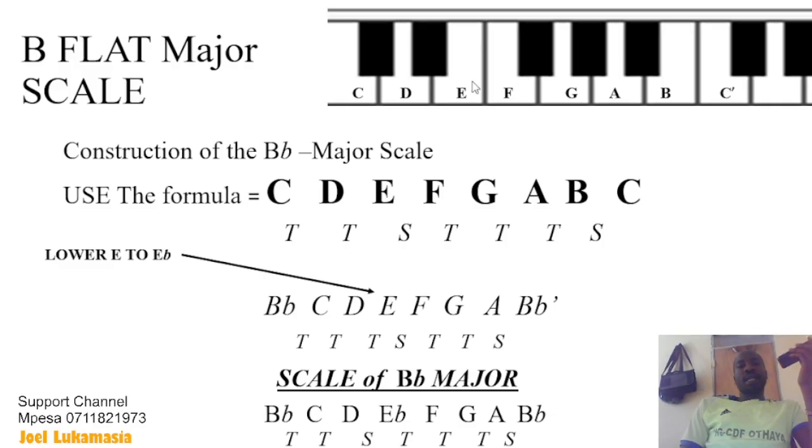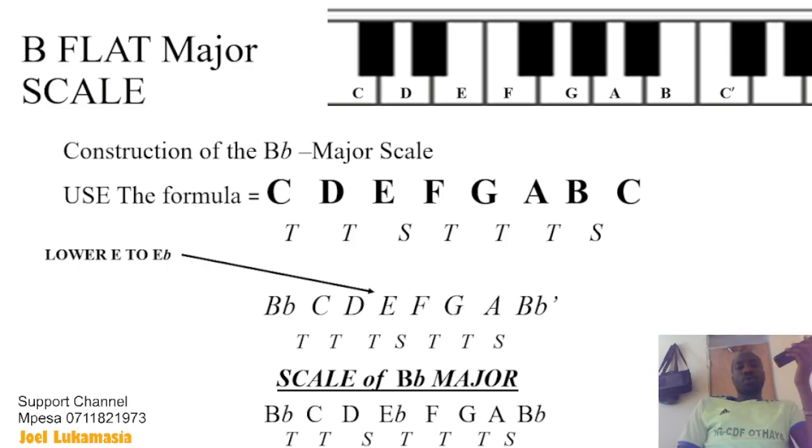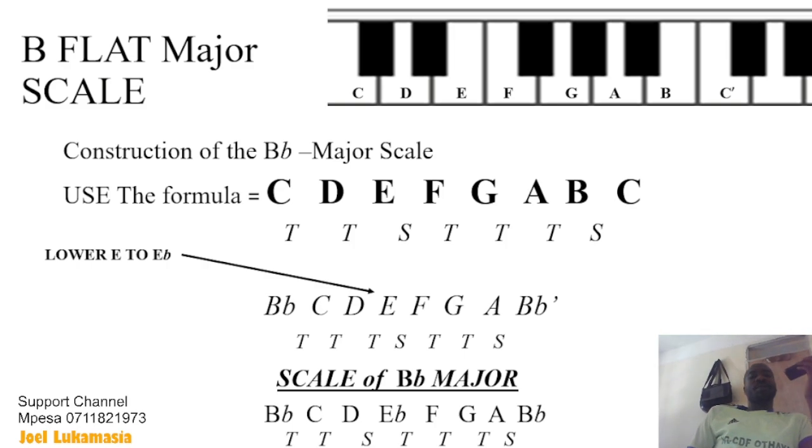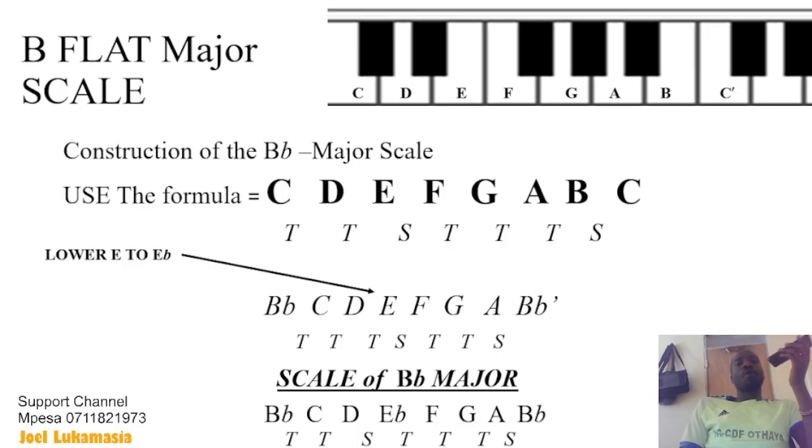E flat is here, just below the E. Then from F to G a tone, G to A a tone, then A to B flat a semitone. So that's the scale of B flat major.